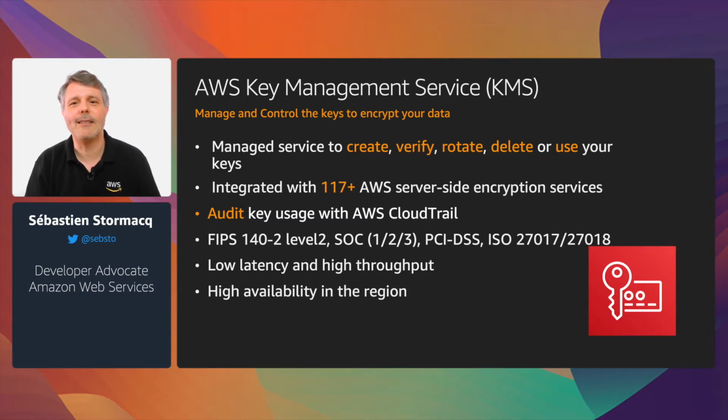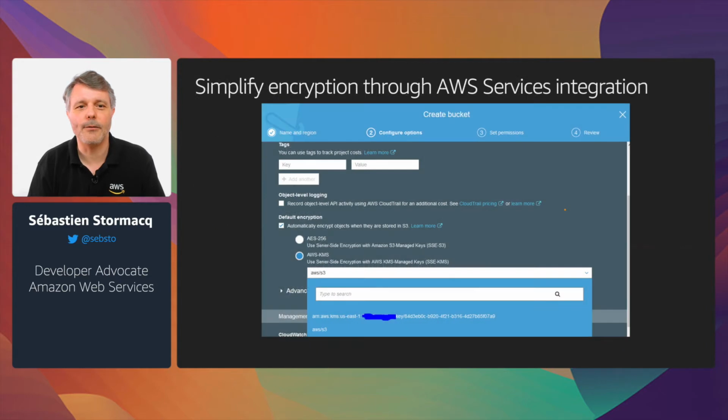Let me give you an example of integration with another AWS service, integration with Amazon S3. So historically on Amazon S3, you had the option to use server-side encryption where Amazon S3 was managing the key on your behalf. But since KMS is available, now you can also integrate Amazon S3 with KMS, and you can tell S3, hey S3, please use my customer master key managed by KMS over there to generate data keys to encrypt the object I'm going to send you.